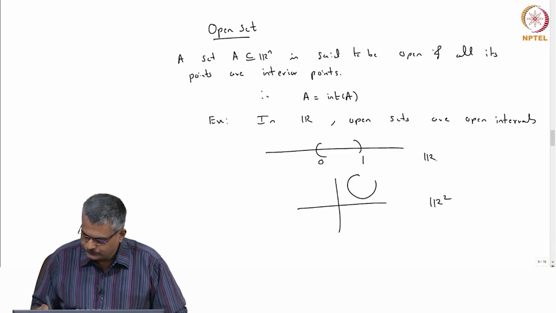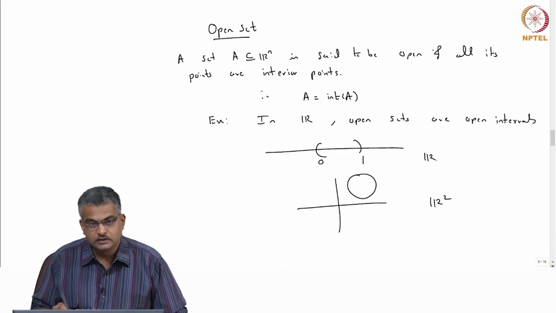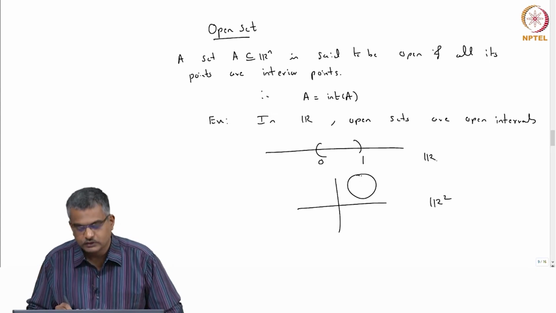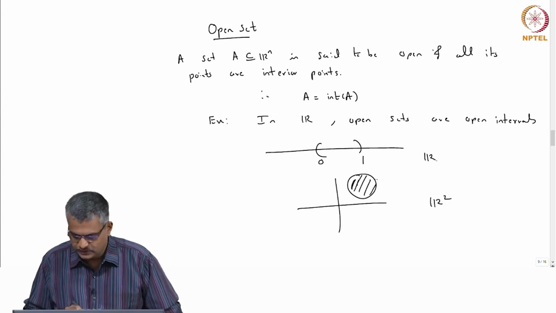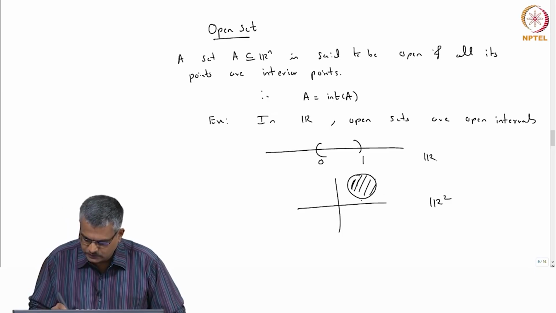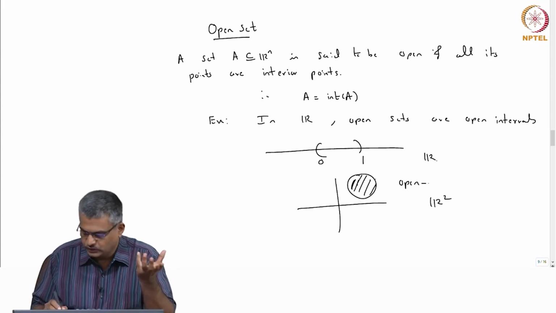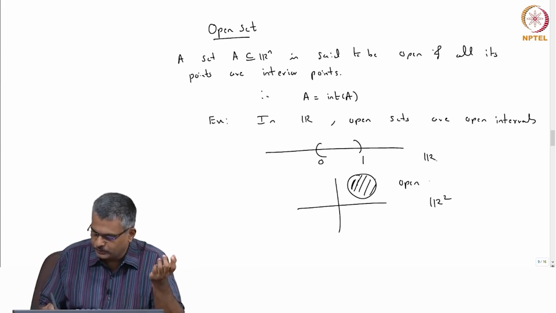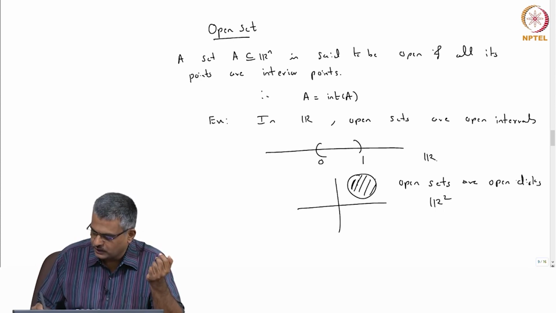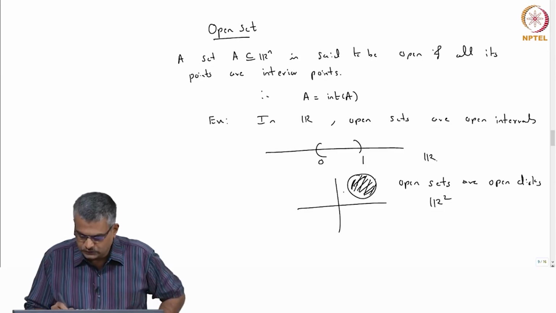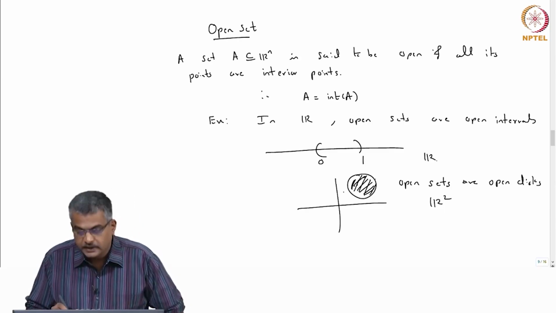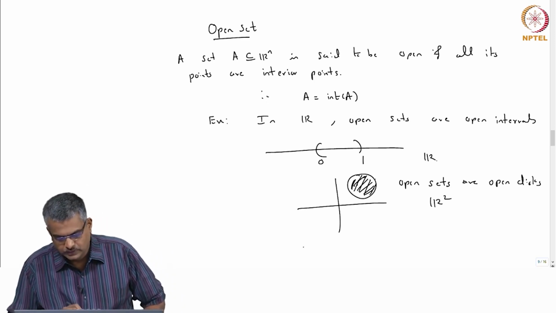In R2 you can take any center with a ball of some finite radius. So, all the points in this except the boundary points. So, it is an open disk. In R2 open sets are open disks. It consists of all points except the boundary points.